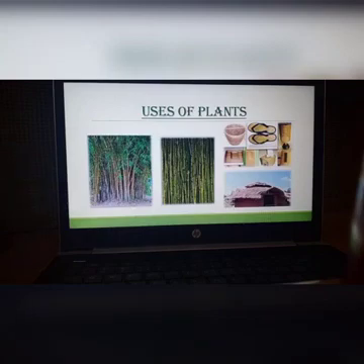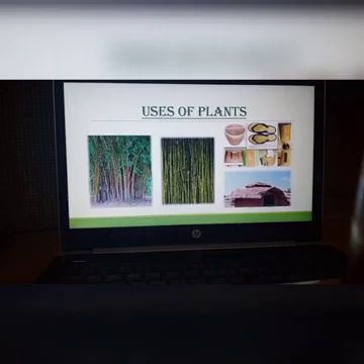The wheat, rice, vegetables, all the materials that we used to eat, we get it from the plants. So first use of plant is that we get our food material like wheat, rice, pulses, sugar and vegetables, fruits, all from the plants.